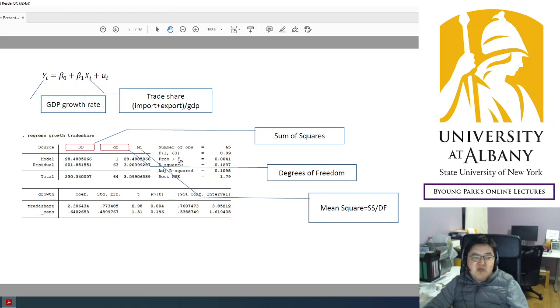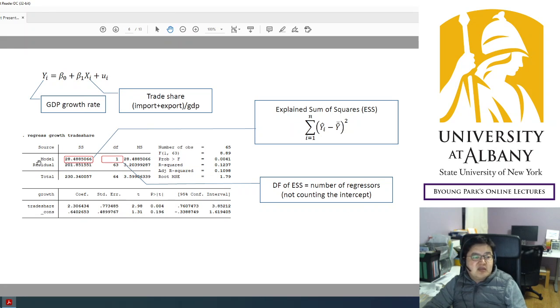So let me explain what is what in this lecture. So the first line says model. The Stata program calls something model sum of squares, but that was not the name used by the textbook. Our textbook uses explained sum of squares, abbreviated to ESS.